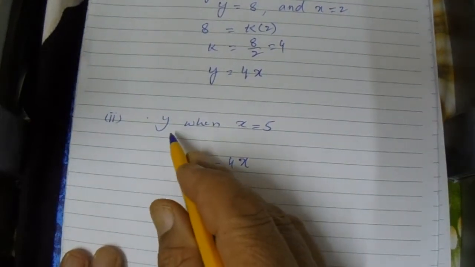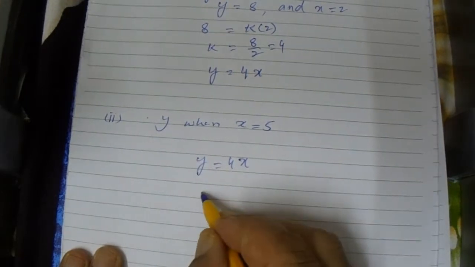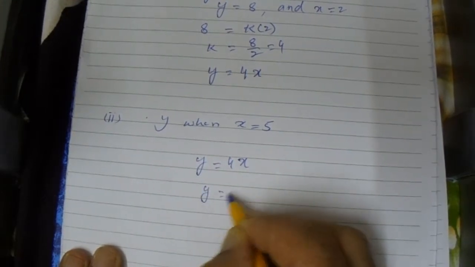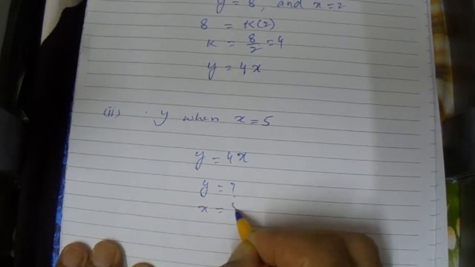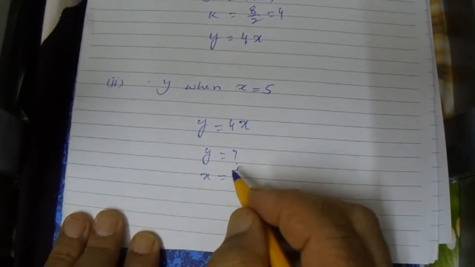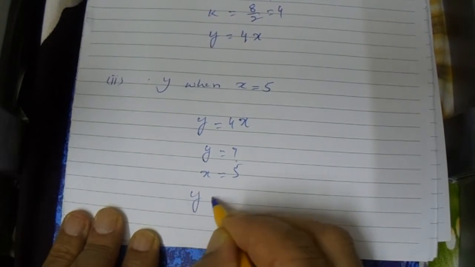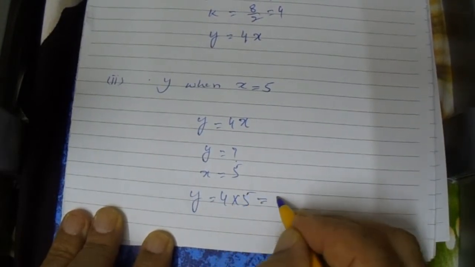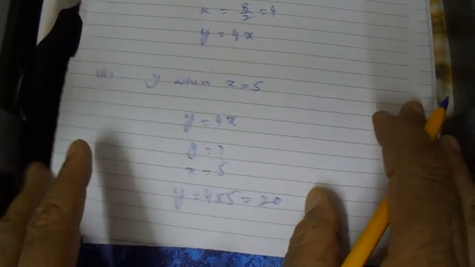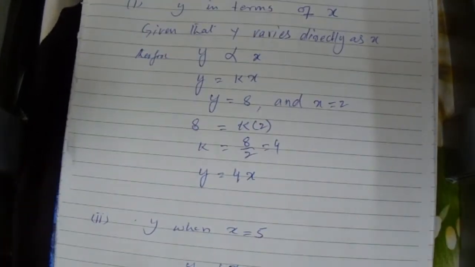Now find y. We want to find y when x is equal to 5. Now put the value of x here. y is equal to 4 multiplied by 5 is equal to 20. Now this is the answer of this question.